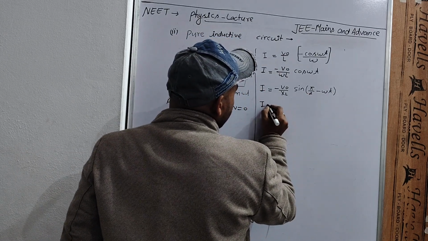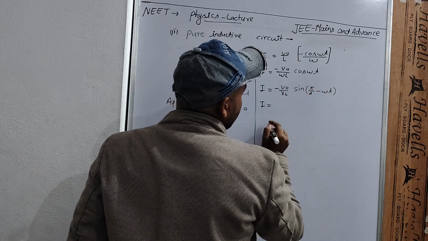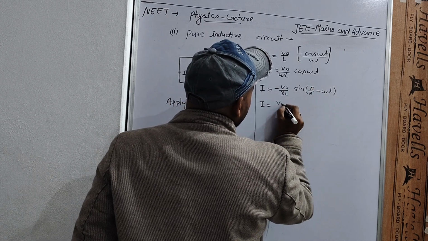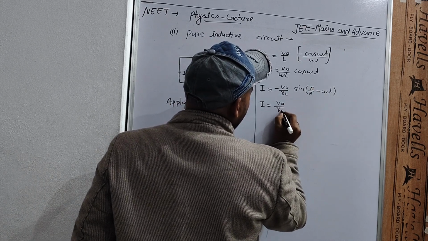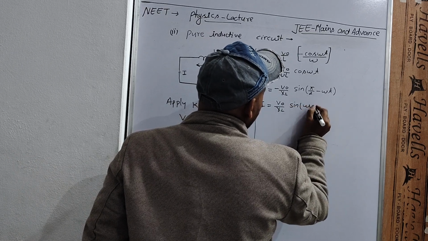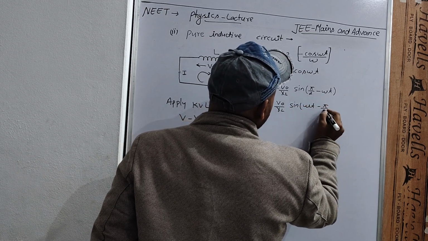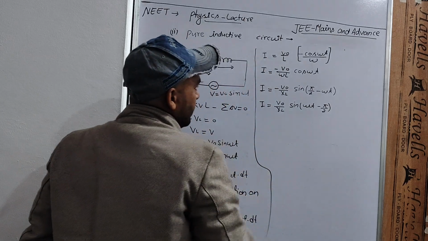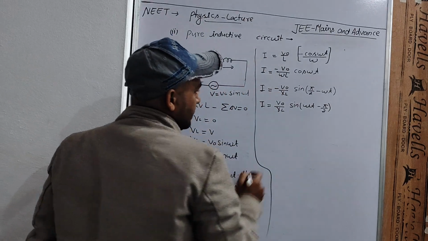Now we have to multiply this negative sign inside the sinusoidal function, V naught over XL sine. It becomes omega t minus pi by 2 after multiplying with the negative sign.